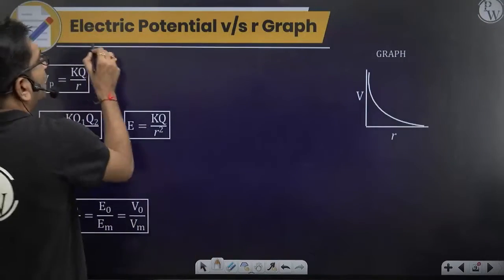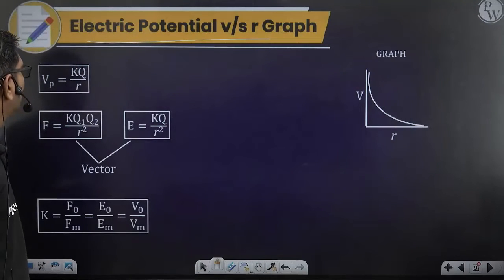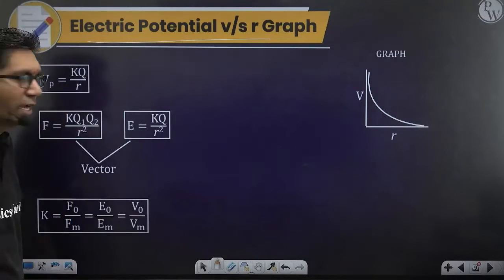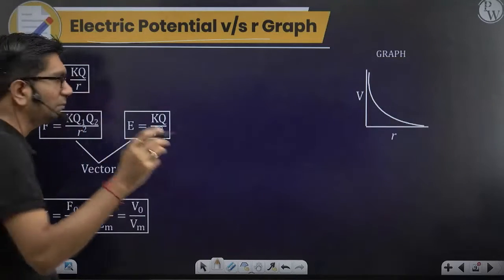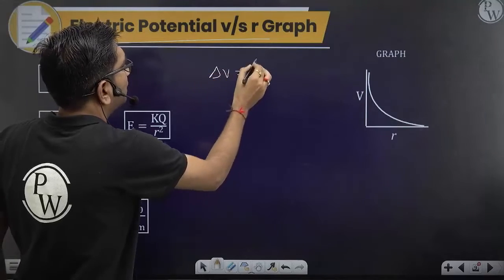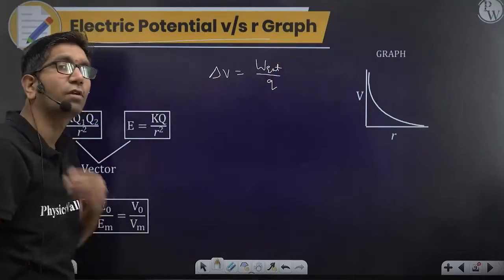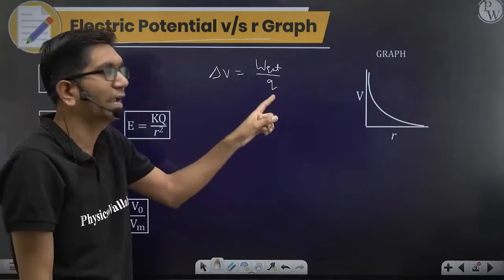Now the electric potential versus distance graph. See here, beta, the potential at point P. We have two formulas. Delta V is equal to the work done by the external force for bringing a small charge q from infinity to a point in the field.